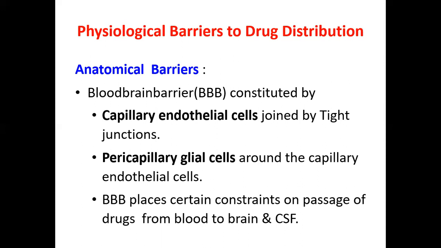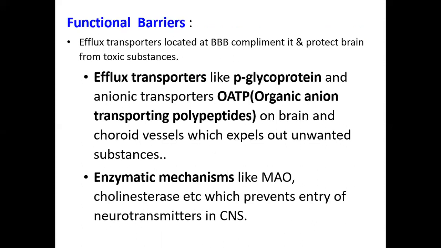The blood-brain barrier places certain constraints on passage of drugs from blood to brain and CSF. Apart from anatomical barriers, we have functional barriers as well. Efflux transporters located at the blood-brain barrier complement it and protect the brain from toxic substances.